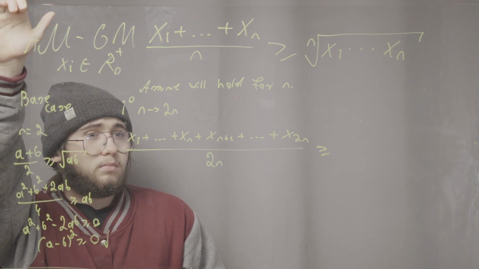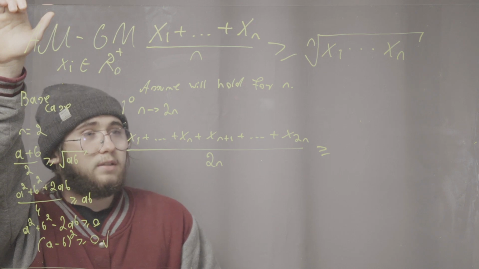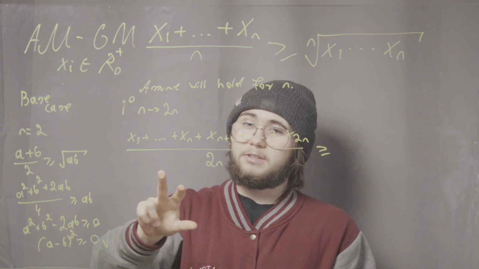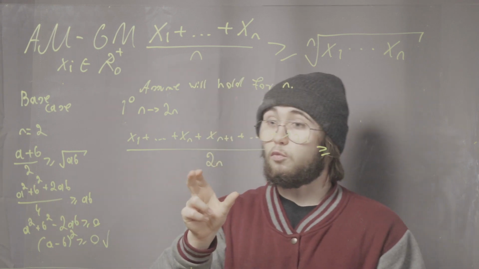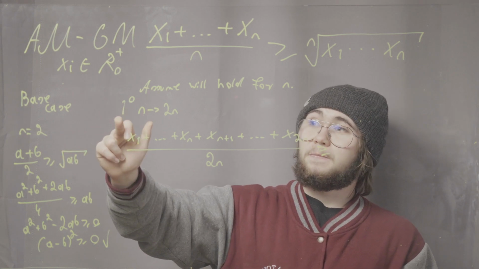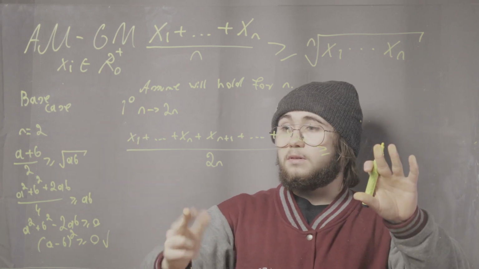Well, I can write it in a way that will be actually pretty nice, because I'm seeing here a nice way to use the base case and the assumption in order to prove the induction step. Why is it so?